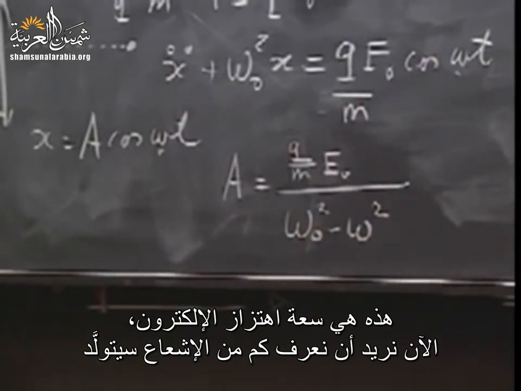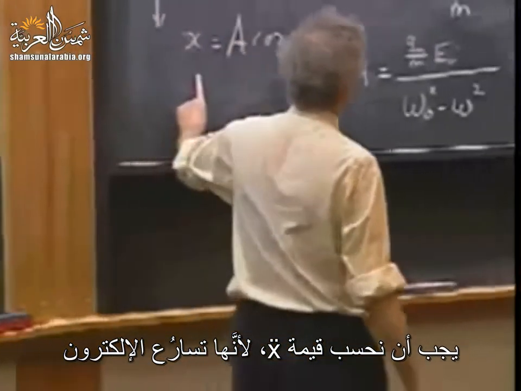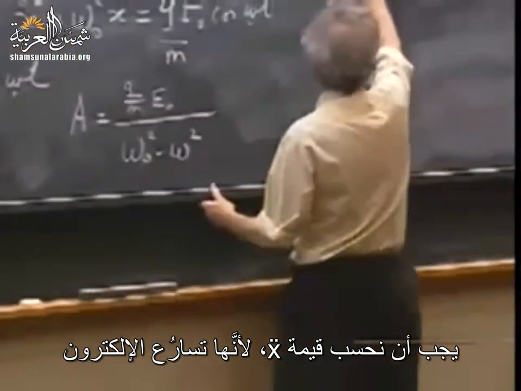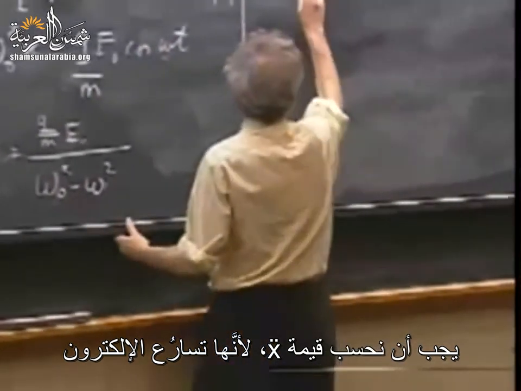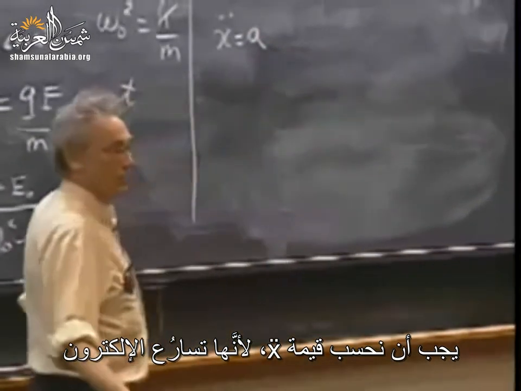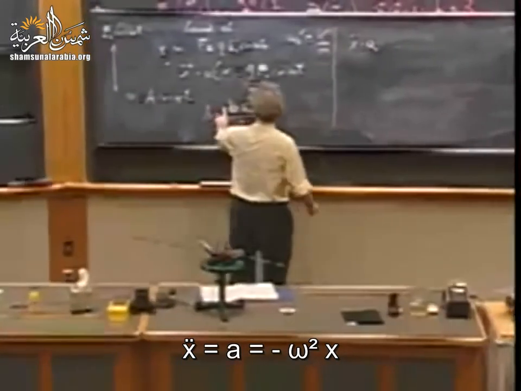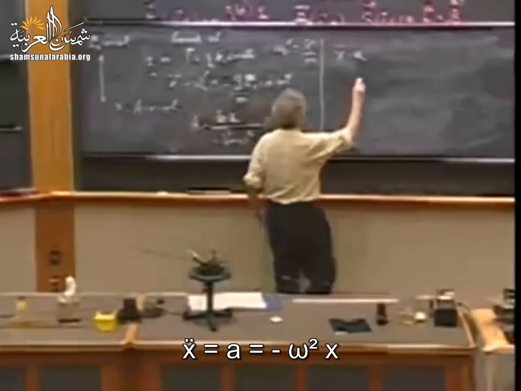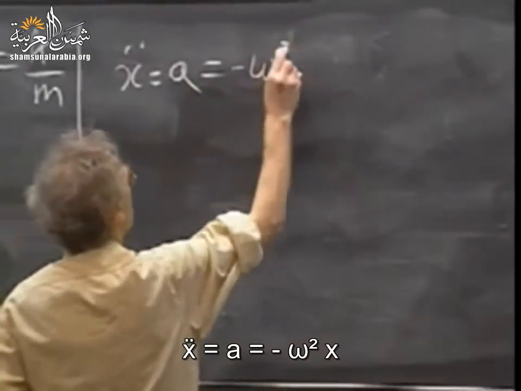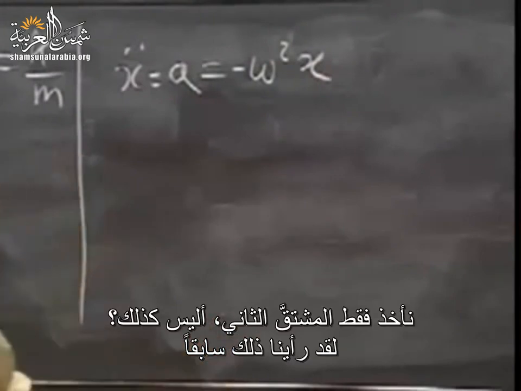But now we want to know how much radiation it's going to produce. So now we have to calculate what x double dot is, because x double dot is the acceleration of the electron. And then we want to see how much radiation comes out. And so x double dot becomes minus omega squared times x. It's just taking the second derivative, right?